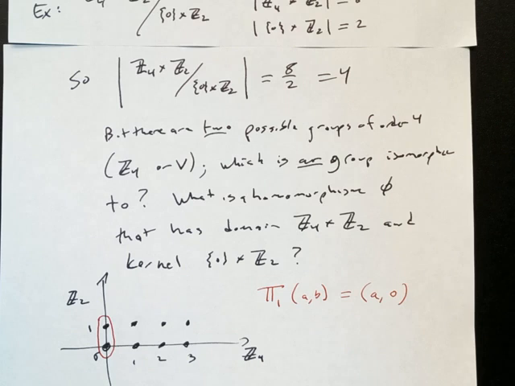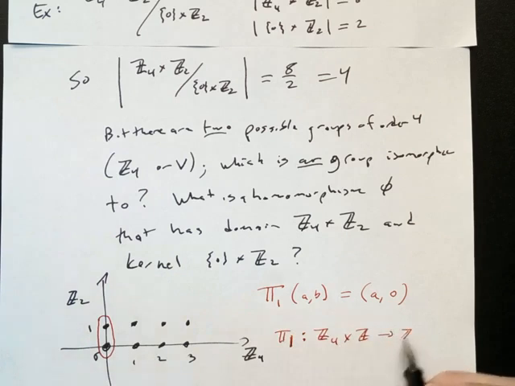Yes? So this homomorphism, pi 1, goes from Z4 by Z2 to Z4 by Z2. In the picture over there, in my homomorphism theorem triangle, G prime is the same as G.